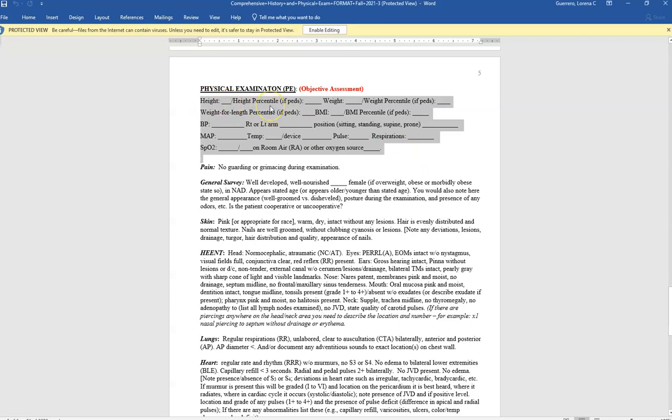What do I mean by percentile? On a pediatric chart up to the age of 21, I believe, they have charts for 0 to 24 months, birth to 24 months, and they have charts that go from 2 to 21.